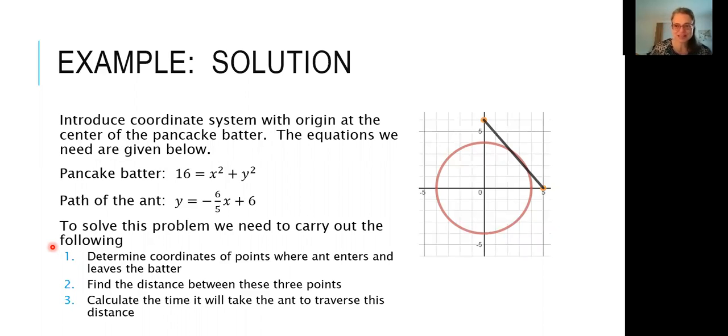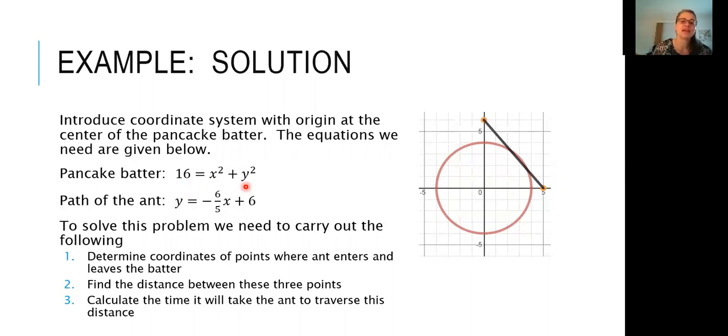If we put our origin at the center of the circle of pancake batter, then we can write the equation for that circle: 16 equals x squared plus y squared. That is the equation of a circle that has radius r equals 4 and is centered at the origin.